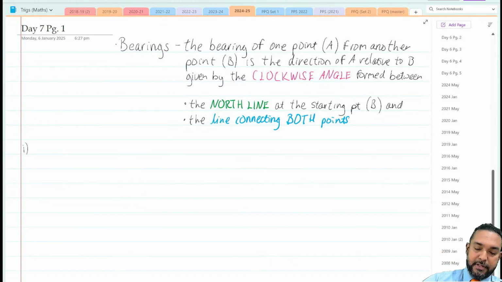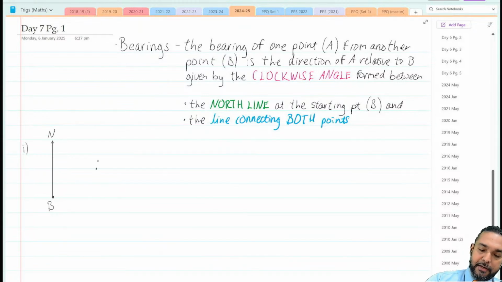Right. So let's say we have a point B, and we have a north line. So that there is your north line.